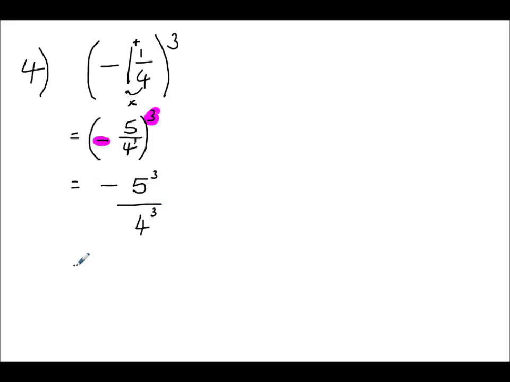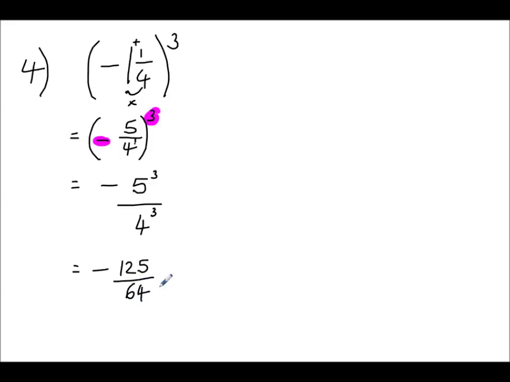Right, and now we multiply out. It will still be negative. 5 times 5 times 5, 3 fives multiplied together will give you 125, over 4 multiplied by 4 multiplied by 4 is 64.